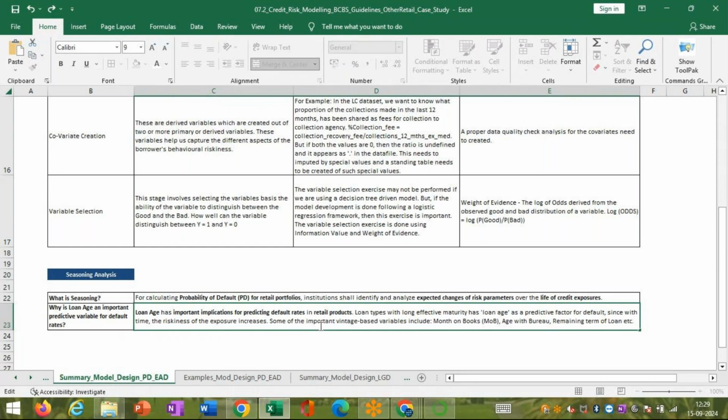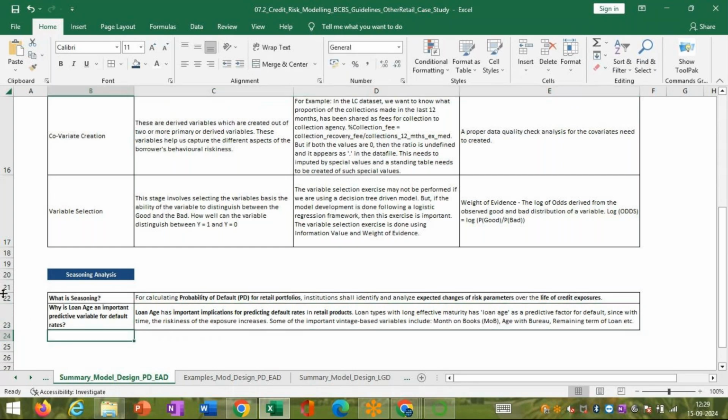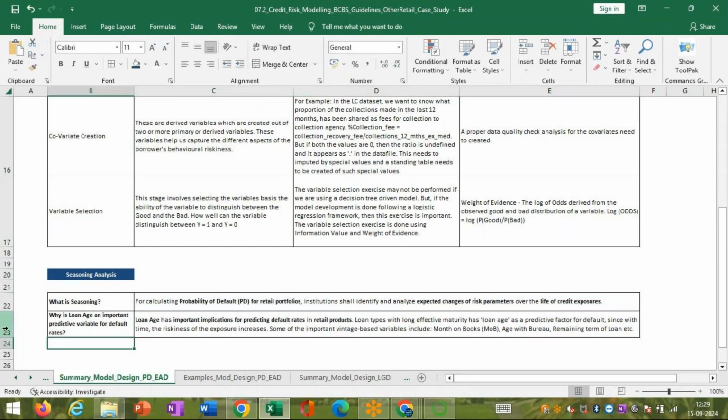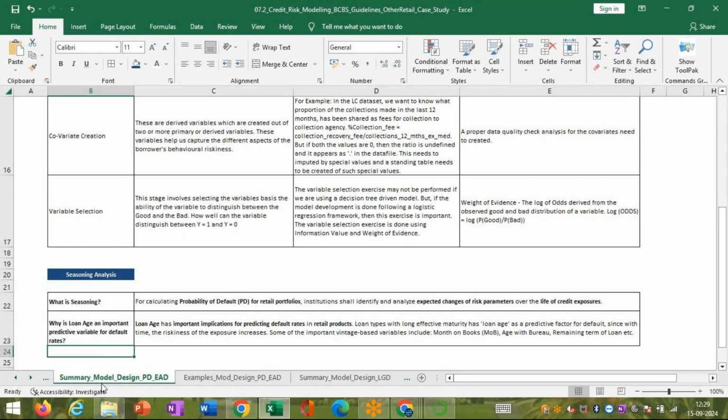If it's an extremely short-term loan, 14 days or less than a year, then seasoning analysis will not be applicable. However, if it has a decent vintage, then seasoning analysis will be a material analysis, right?